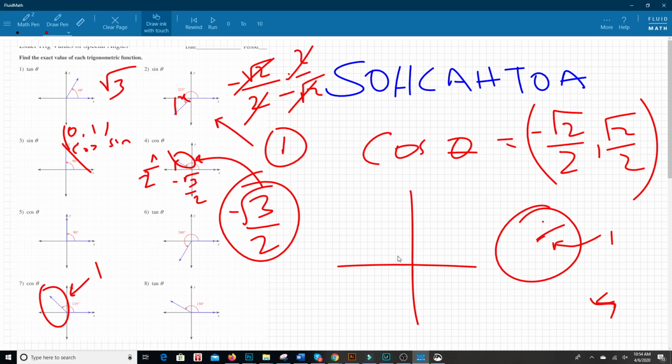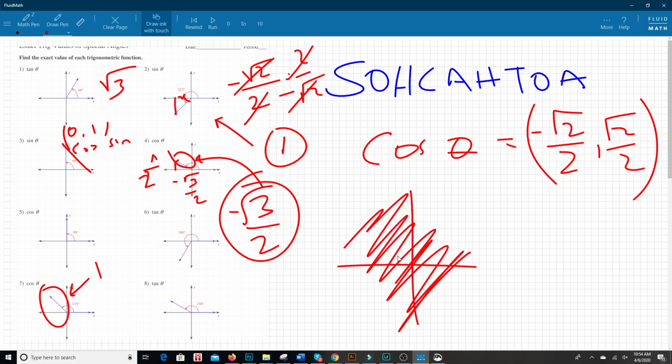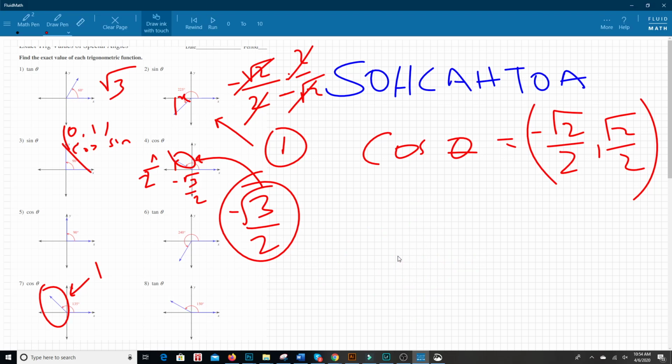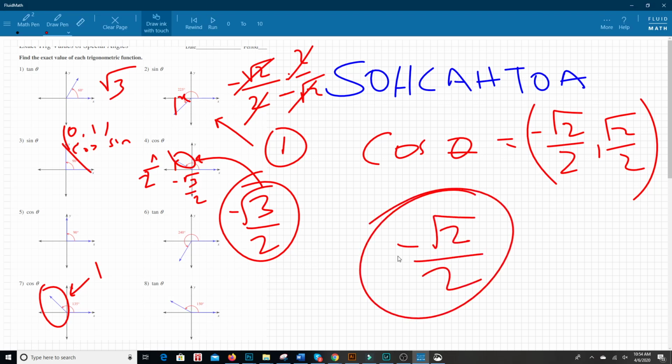So if we're looking at this right here, it's cosine. The cosine is messing with the x, so it's going to be this over 1. So yes, it's going to be negative radical 2 over 2, because it's essentially this over 1, right?